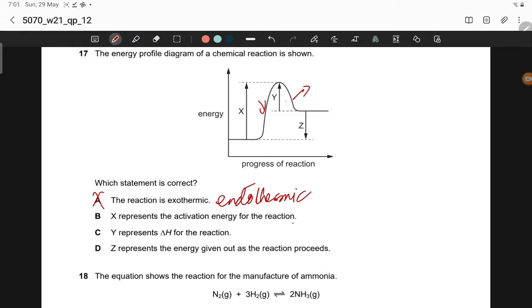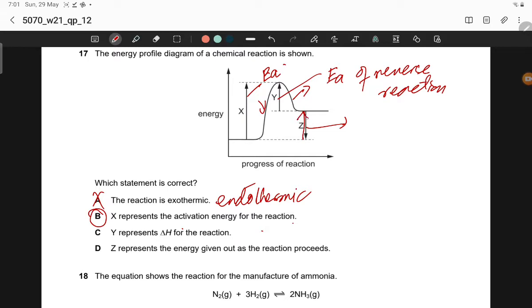Yes, this is correct because X is the activation energy, and Y represents the activation energy of the reverse reaction, and Z is the enthalpy change.